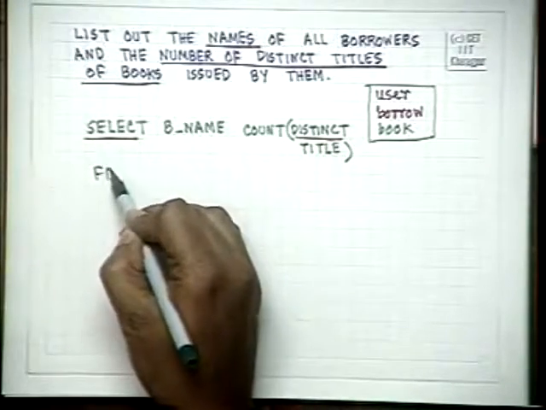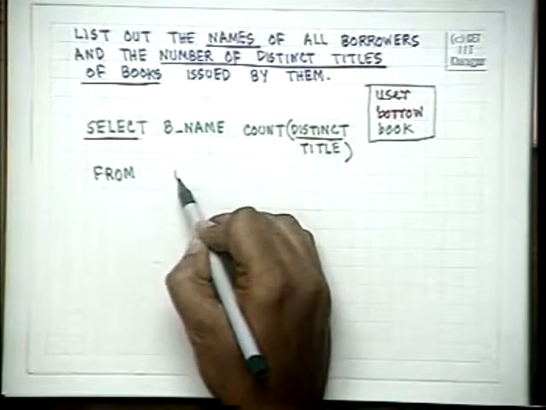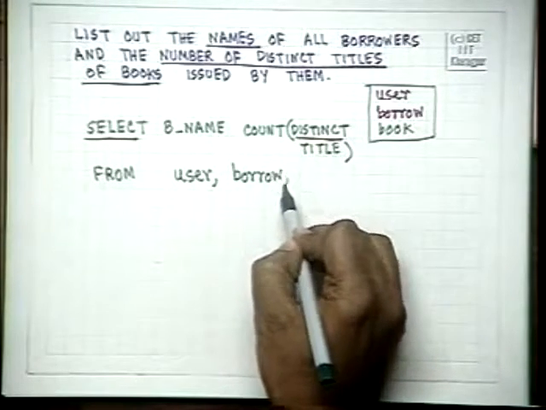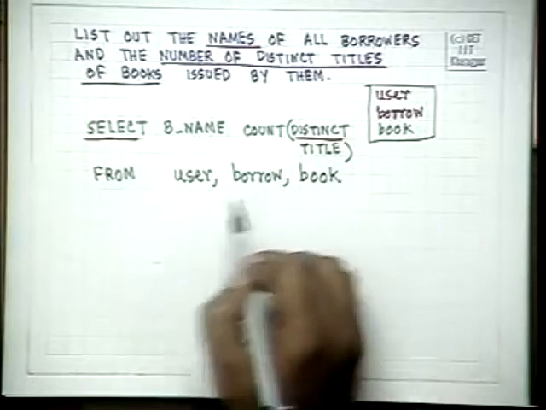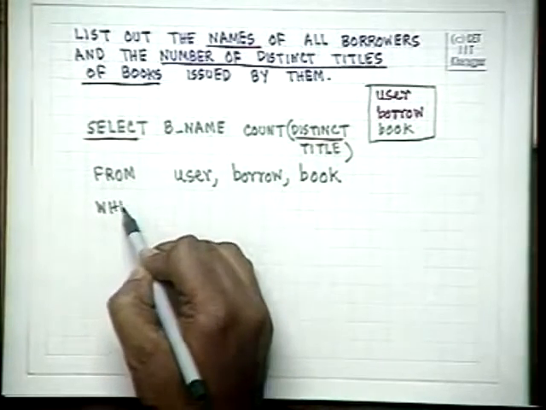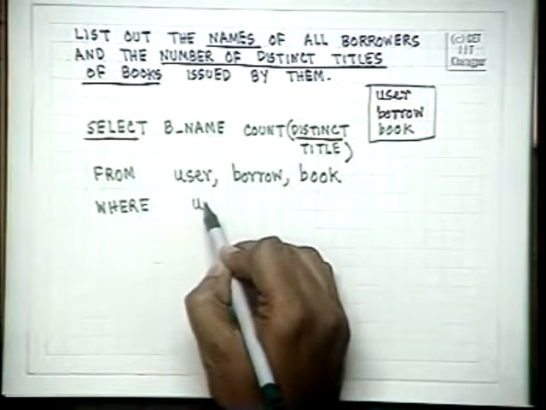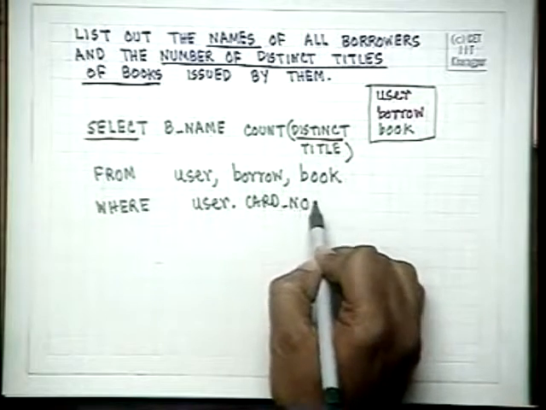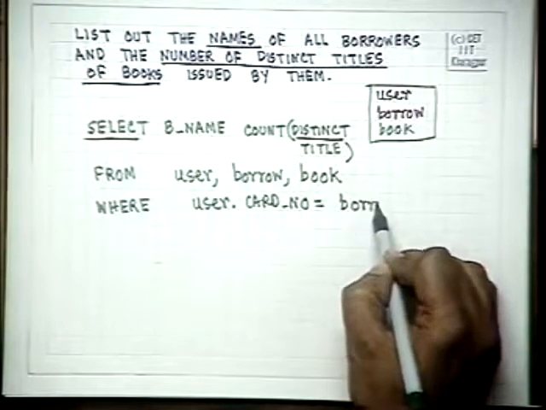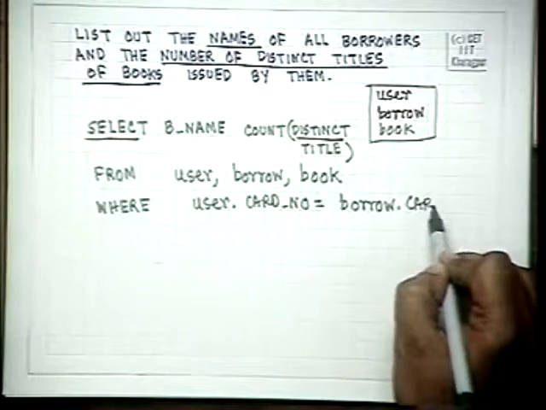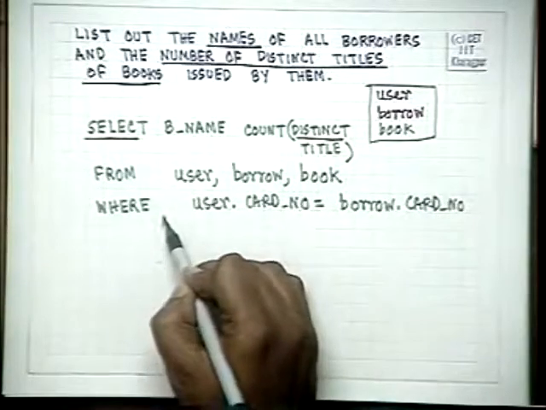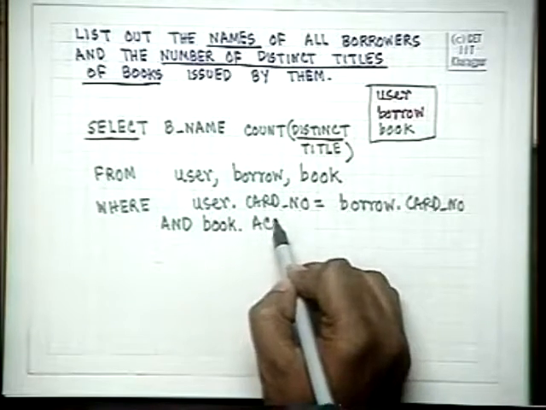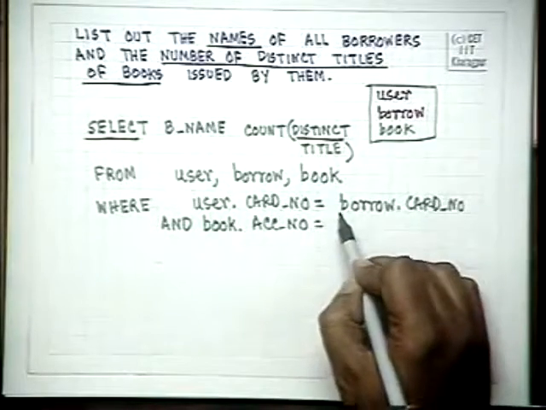from. Now we will do a natural join between user, borrow and book, where user.card number is equal to borrow.card number and book.accession number is equal to borrow.accession number.